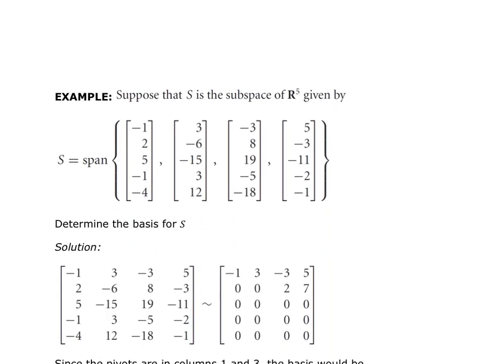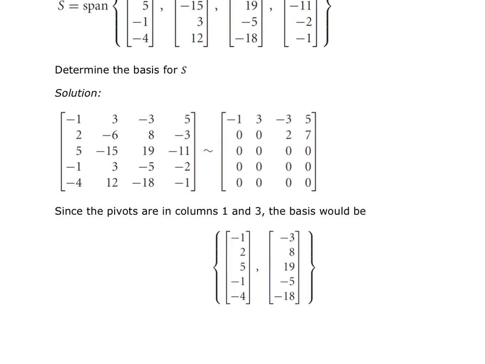So suppose that S is a subspace of R5, and we know it's R5 because I have 5 entries. I want to determine a basis for S. The first thing I'm going to do is put the columns into a matrix, and I'm going to row reduce it to reduced row echelon form.